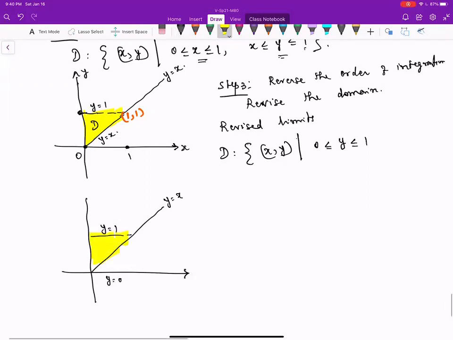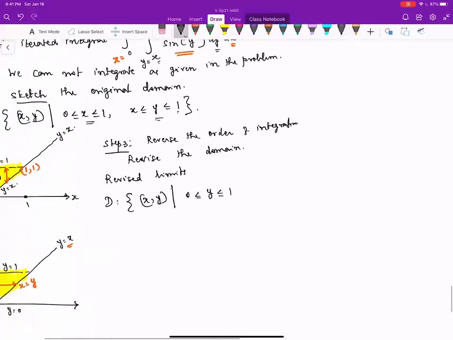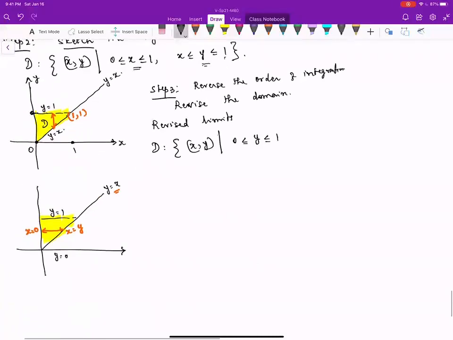In the original one, y runs from x to 1. But I am going to make x the varying variable. x is here on the y-axis, so x equal to 0, and because it's already y equal to x, here I'm going to write instead x equal to y. So I'm going to make the limits for x varying. That way I've not changed the domain. The domain still remains the same. I'm only changing the limits for the variables.